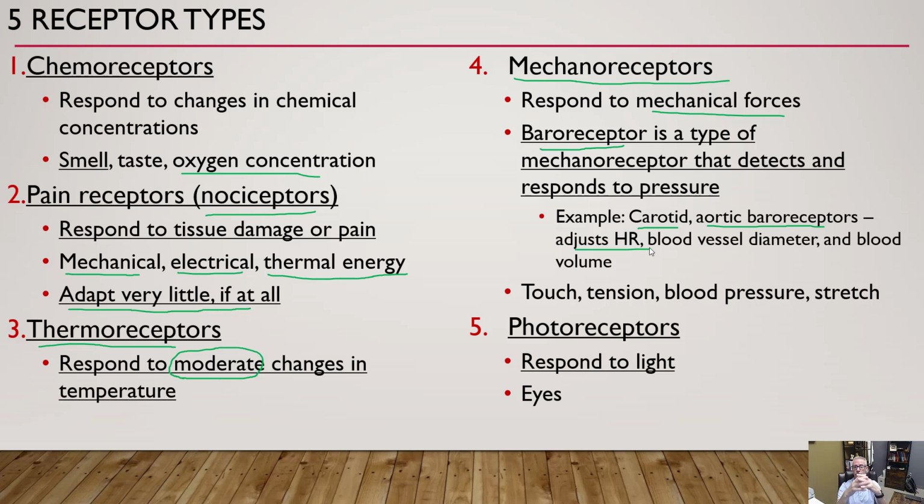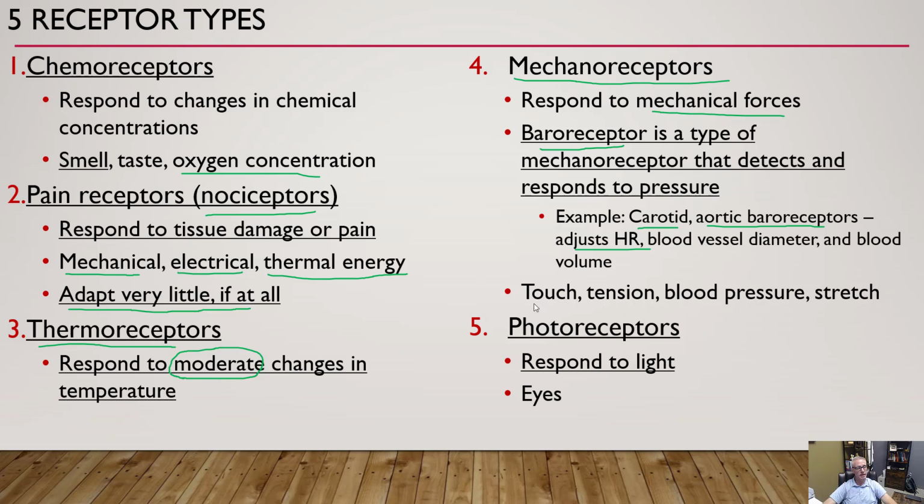If your blood pressure is too high, you're going to vasodilate a little bit. When you vasodilate, your blood pressure is going to go down. If you vasodilate and your blood pressure is still too high, your body's going to tell your kidneys to get rid of some blood volume. So you're going to pee out a little bit of water.